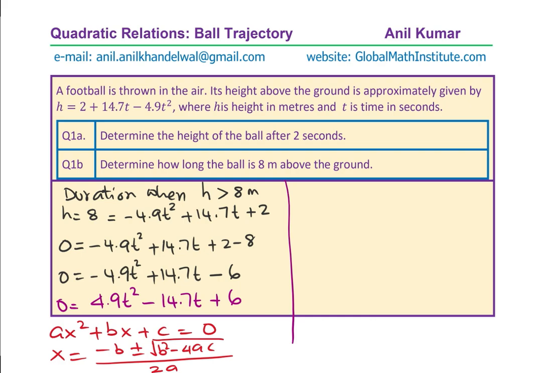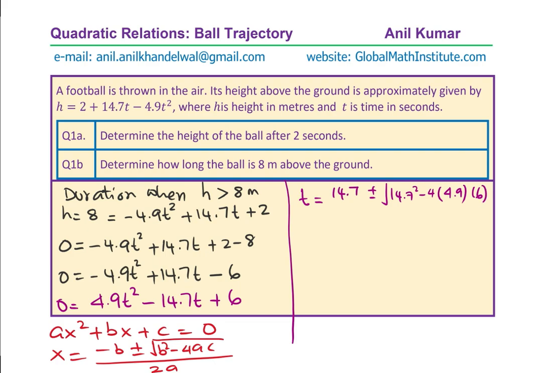In this case, the variable is t, and therefore, I will write t equals. Now here, the negative of minus 14.7 will be 14.7 positive, right? Plus or minus, within the square root, 14.7 squared, b squared, minus 4 times the value of a, which is 4.9, and the value of c is 6.